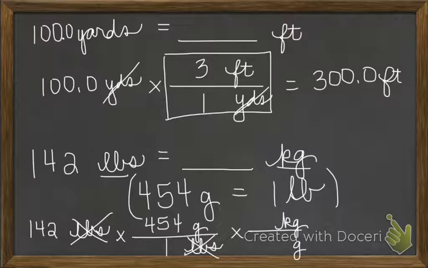I know the metric system, and I know that 1 kilogram is equal to 1,000 grams. Or you could also say 1 kilogram is equal to 1 times 10 to the 3rd grams. And so I enter this in my calculator, 142 times 454 times 1, and then I have to divide it by the product of the denominator, which is 1 times 1,000.